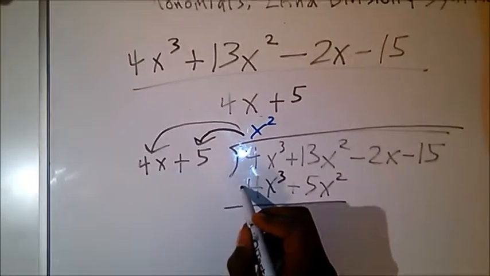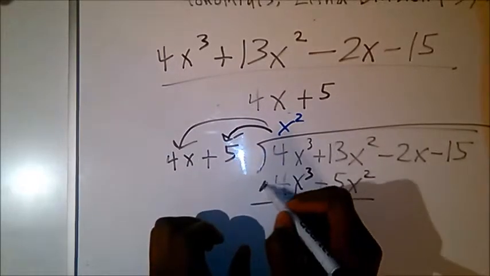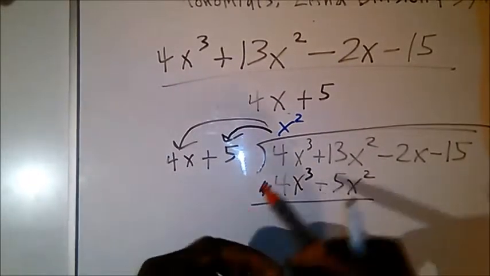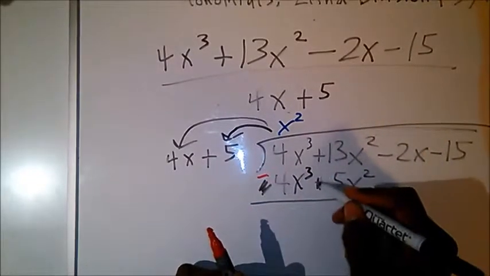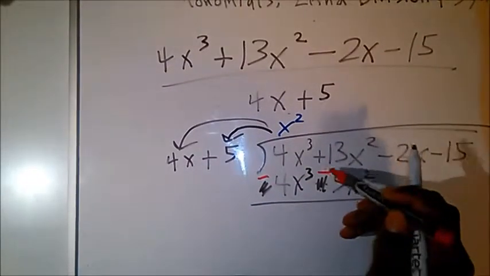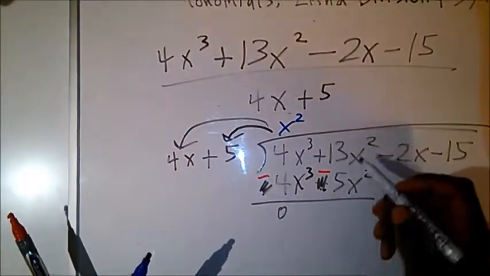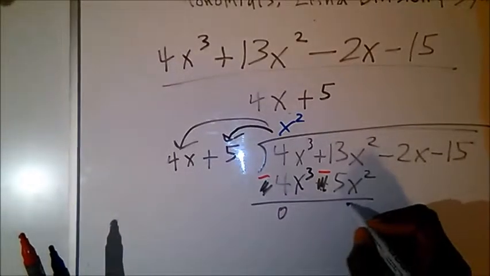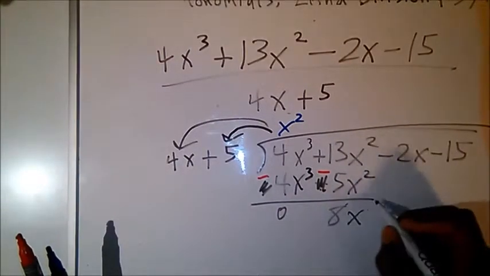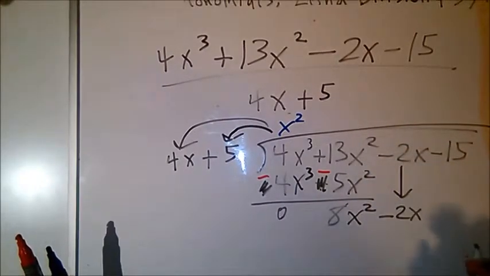This was positive, so we change the sign to negative, cross it out, and make it negative. 0, and that crosses out. 13 minus 5 is 8x squared. Bring down this term here, which is negative 2x.